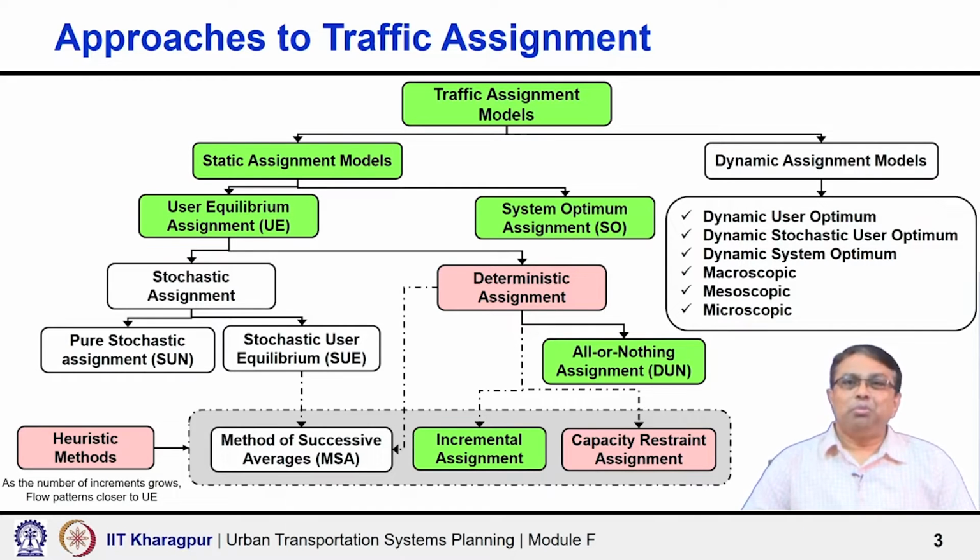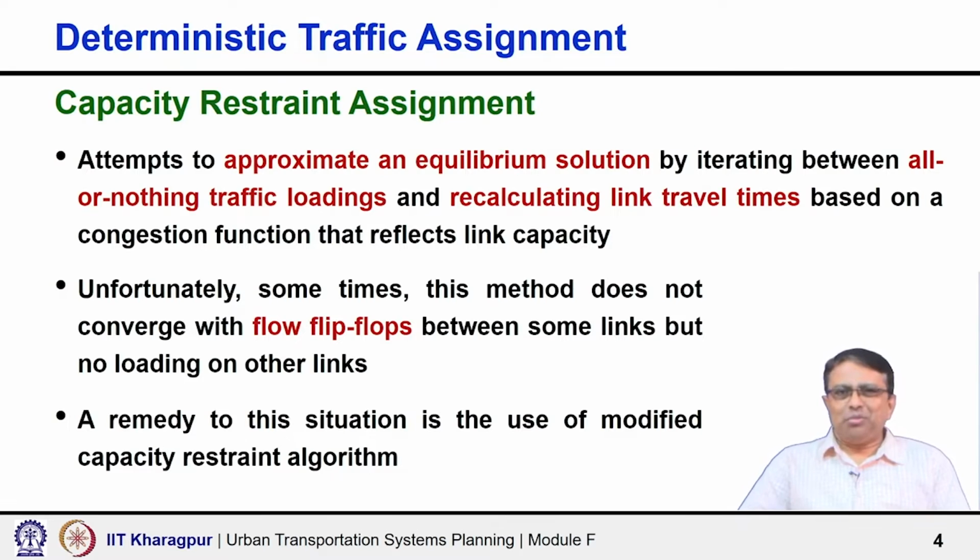That is why we say the constraints in the capacity, and the aggravated congestion effect, are duly considered. Those techniques we will call capacity restraint assignment. So, let us look at the capacity restraint assignment.